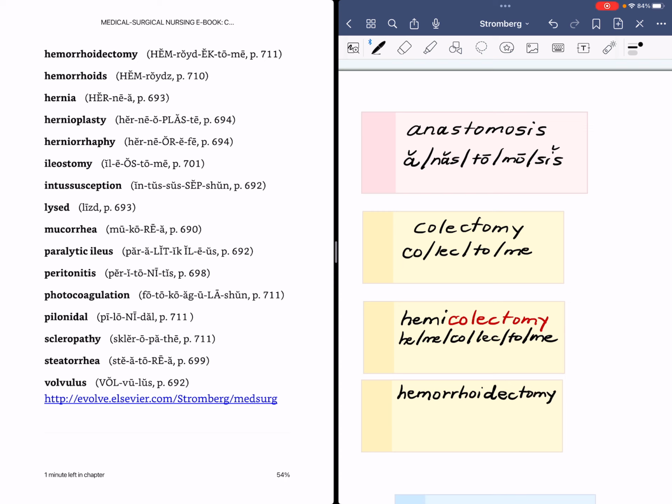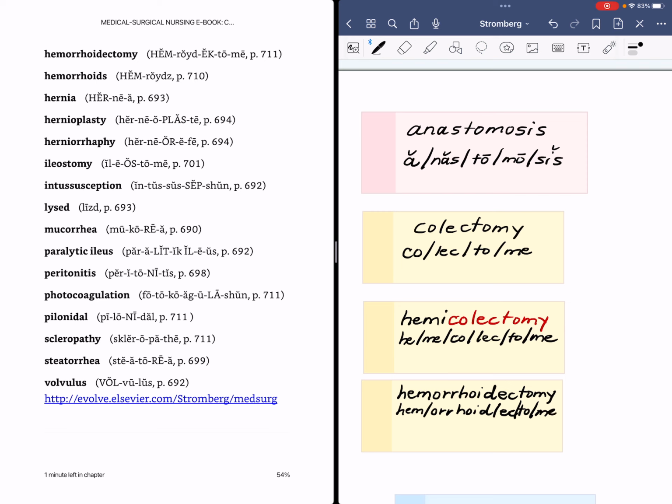So all of the ectomies I'm putting on yellow because they're related by that suffix. And then the spelling of this one, I did okay with that first syllable, but this is the one that drives me crazy. I don't think I'll ever be able to spell that. I'm not a good speller anyway, but that word is wicked.